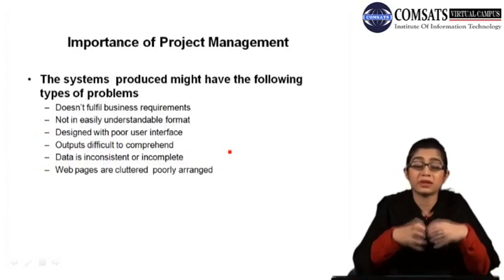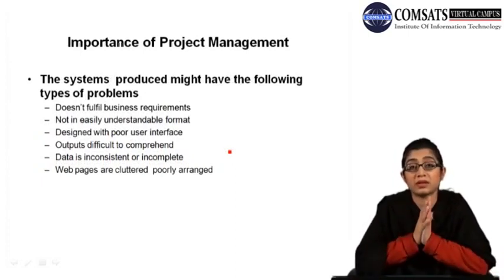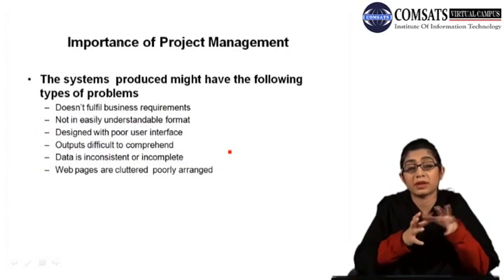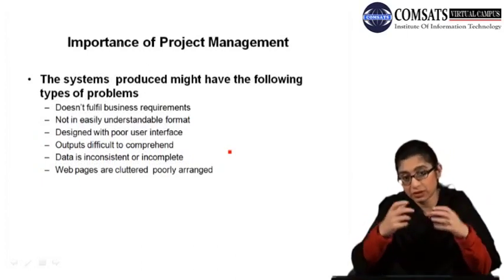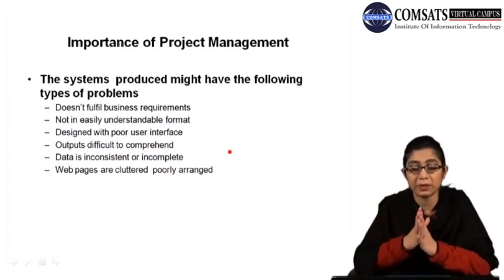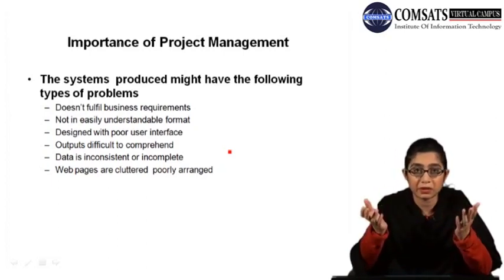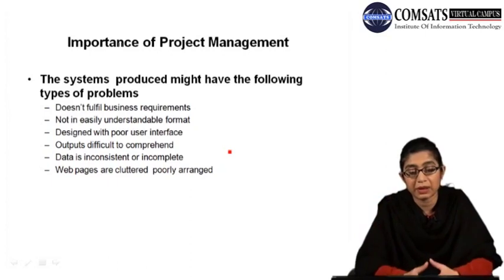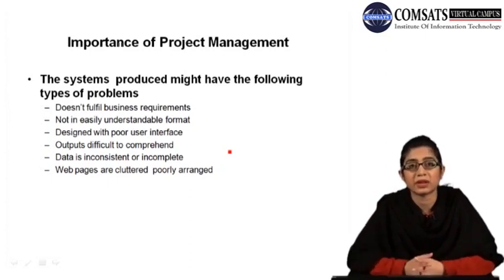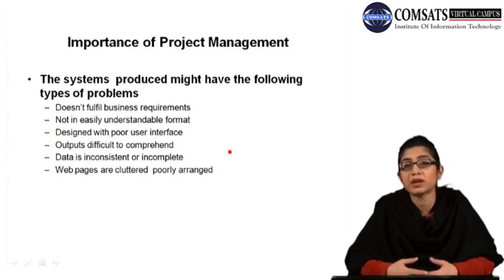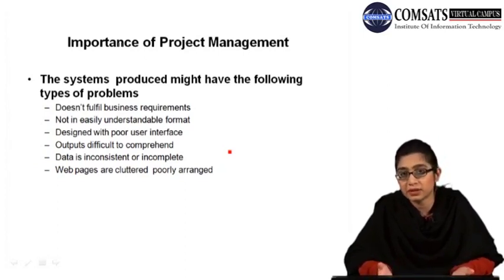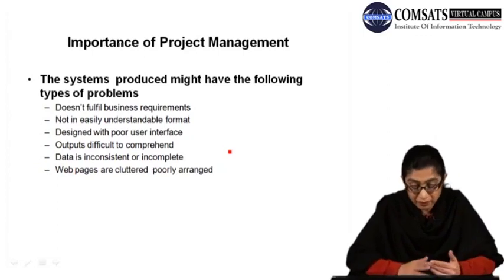Now, for example, you spend a certain amount of money in a certain information system project. आपने कहा कि ये वाला project जो है, ये वाला इस तरह का information system is what is required by the company, and you start developing it without proper planning, for example. या फिर आपने planning की है, but you have left out a few things just because there were certain problems, or you didn't have enough money to invest into the information systems.